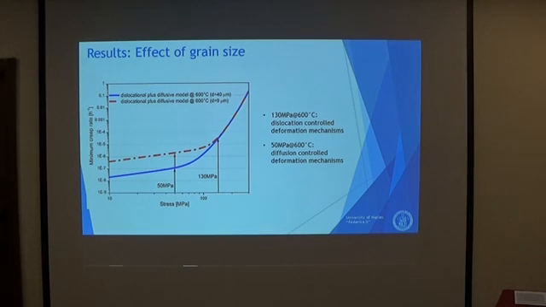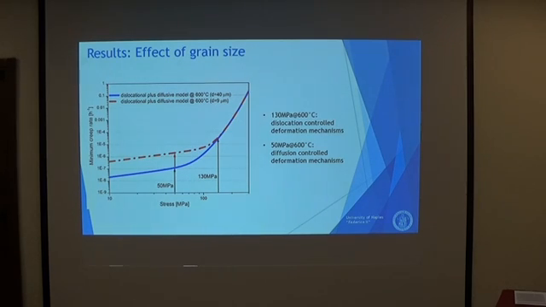Okay, we can see now the effect of our modeling in terms of grain size, and in particular I performed two simulations. I will show you in detail the results of two stress levels. The first one at 50 MPa at 600 degrees C, when the diffusional mechanism is the dominating mechanism.